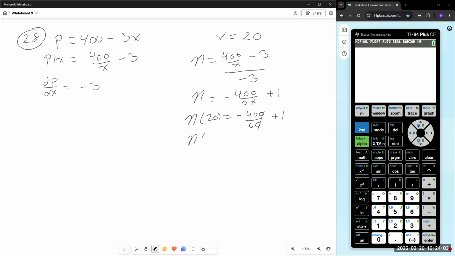Eta of 20 is -20/3 plus 3/3, which is -17/3. And so the absolute value of eta of 20 is 17/3, which is definitely greater than 1. So this is elastic.